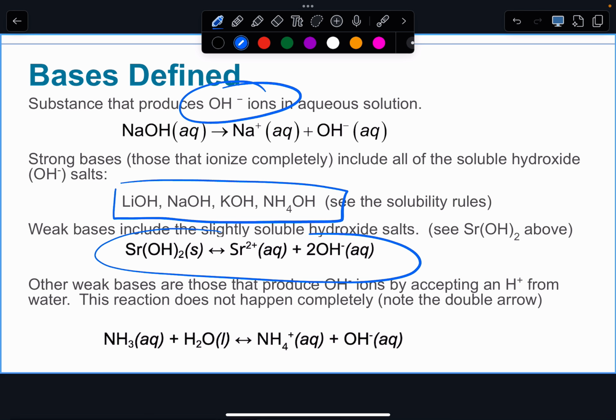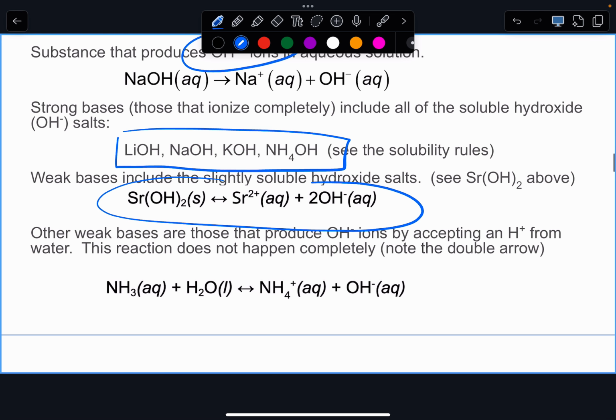Or another way we can think about it, and this mostly works for the weak bases, is as H plus acceptors. We said acids donate H pluses, and bases accept the H pluses. So they're opposites of each other.